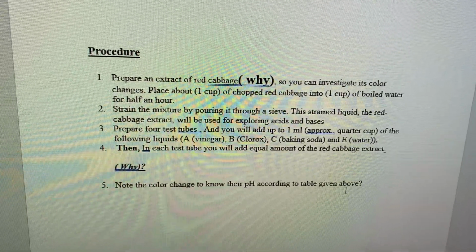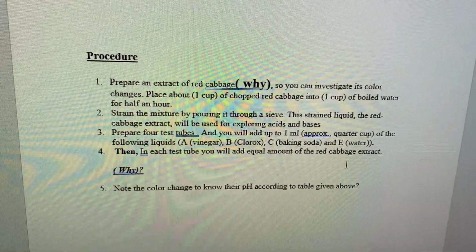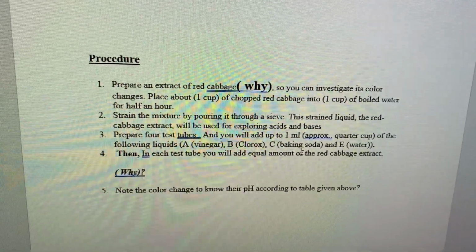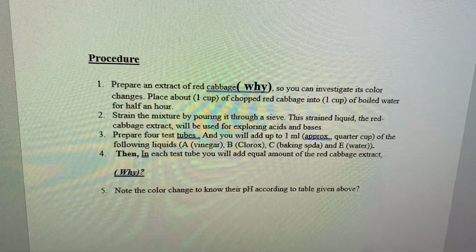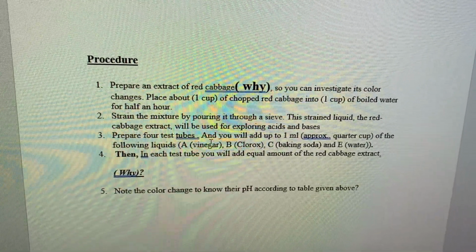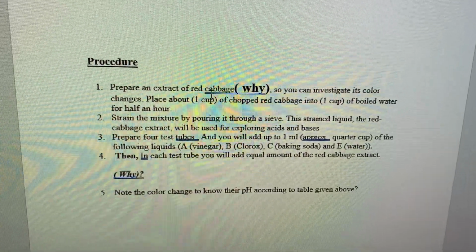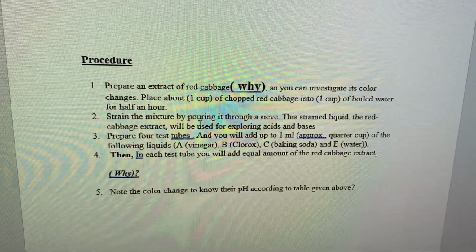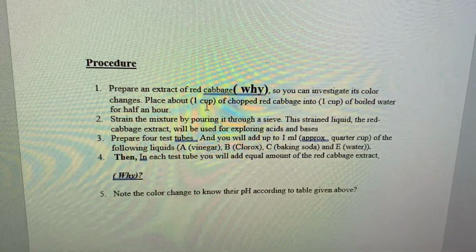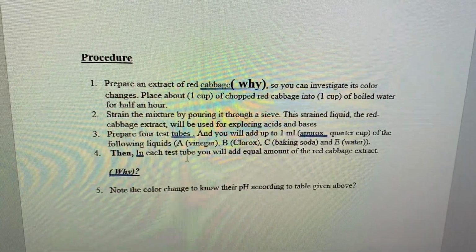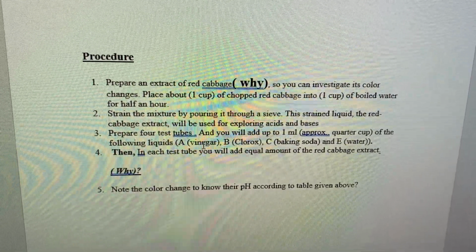As for the measurements over here, when I say quarter cup, you don't have to follow it exactly, but at least use a similar amount. If you use a quarter cup of vinegar, add a quarter cup of the chopped or extract red cabbage. We have to have equal measurements for an accurate and precise result. Probably if you add less extract to a cup of vinegar, you will find nothing.